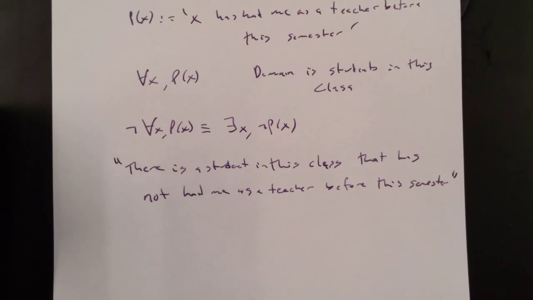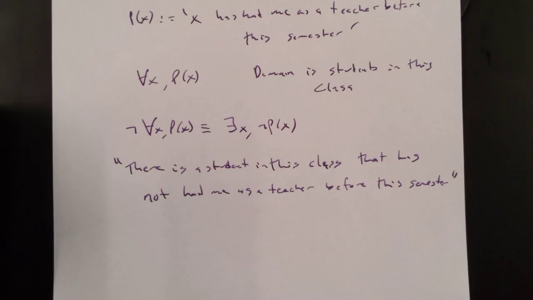Now, maybe I want this domain to apply to all students at Seton Hill. Then somehow I should add being in this class to my description. So maybe I could add another propositional variable or predicate function.